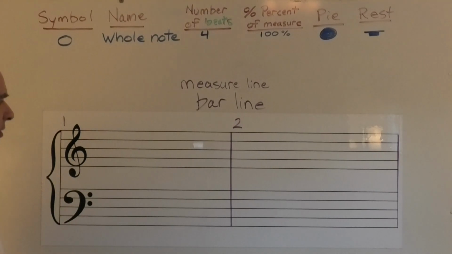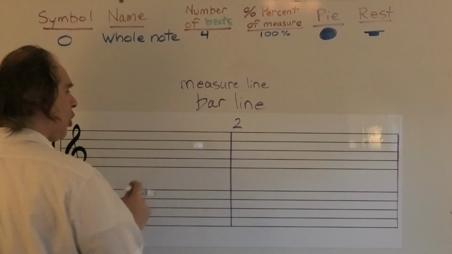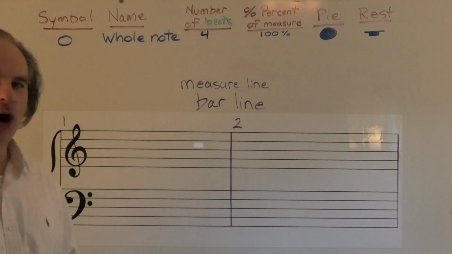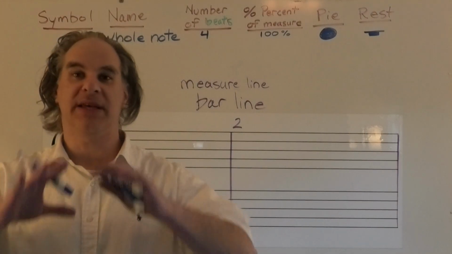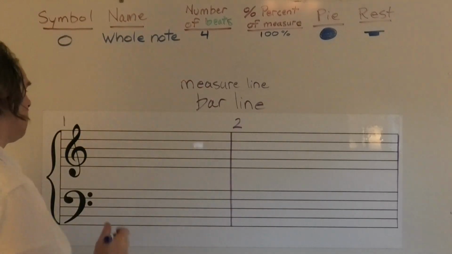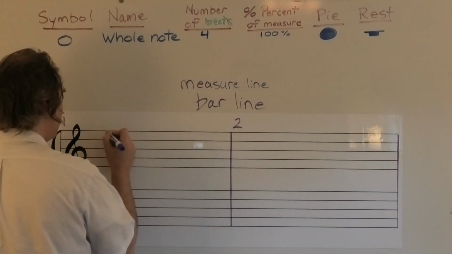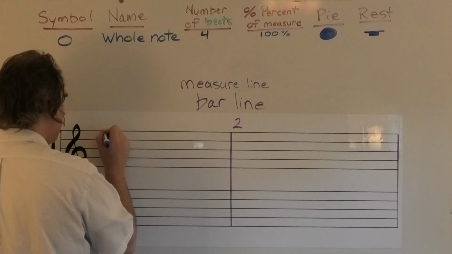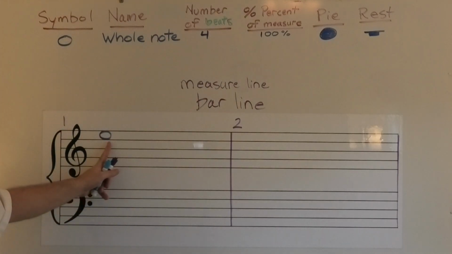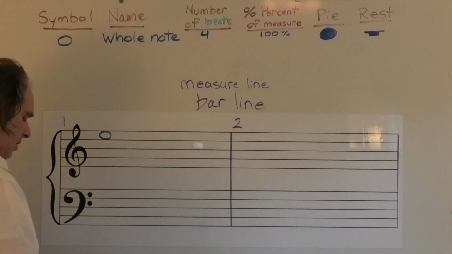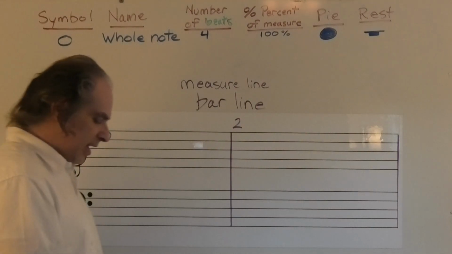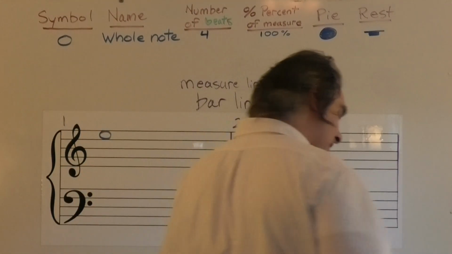And the whole note will get the whole measure. Whole, W-H-O-L-E, means everything, all. So the whole note is drawn like that. Now how do we play it? We don't just play it like this.